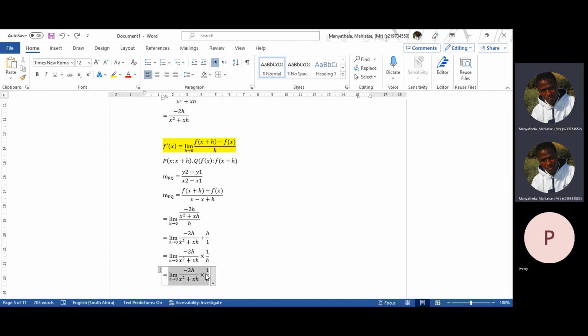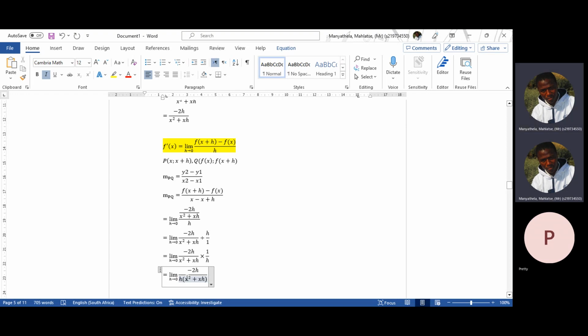I want to subtract this fraction, and then here I will have h multiplying this. h multiplies x squared plus xh.